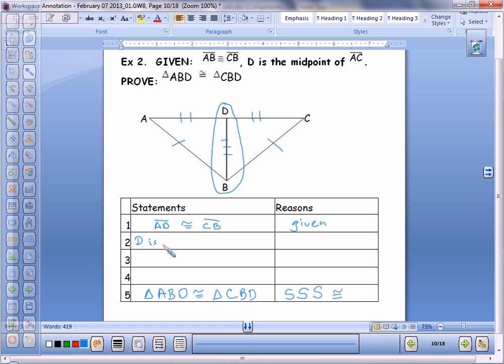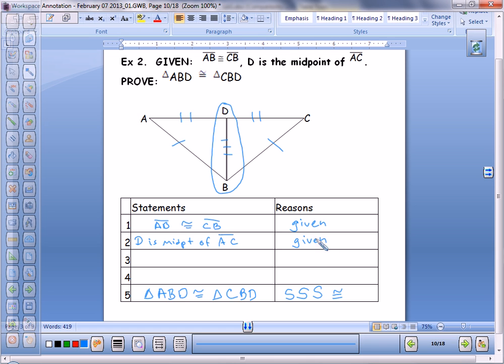Did you also write that DB is perpendicular to AC? We don't know that that's true. Could we prove that's true? There's a possibility, yes, but that's not the proof we're doing right now. It'd be a much more difficult proof.